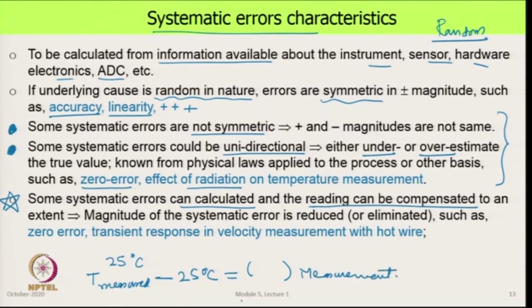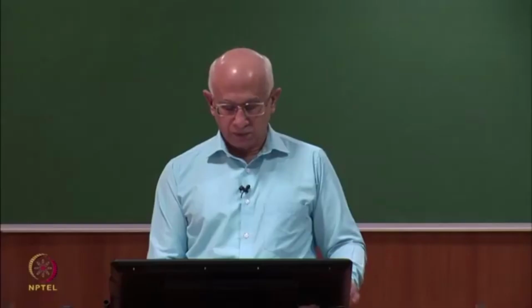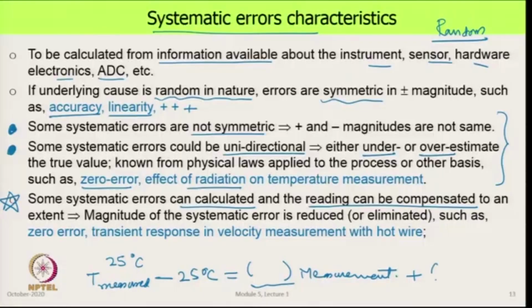So, one error we have taken care of, we have a much better estimate now, we are fairly confident about it, but all the other error sources are still there. They have not been eliminated. So, these are some of the issues that come up with systematic errors.